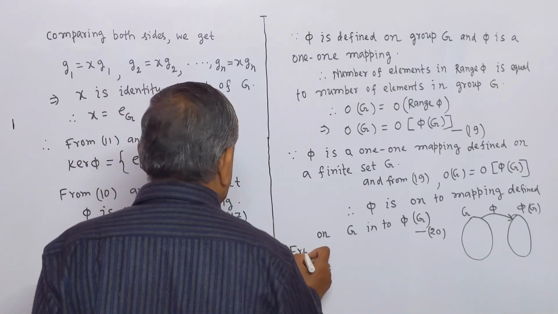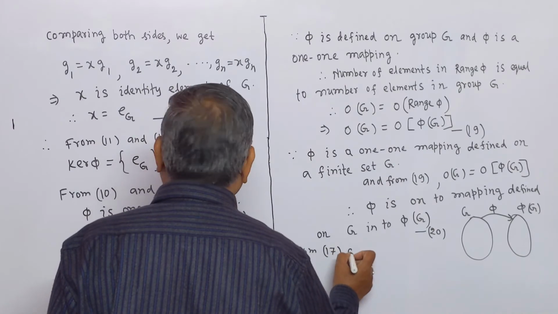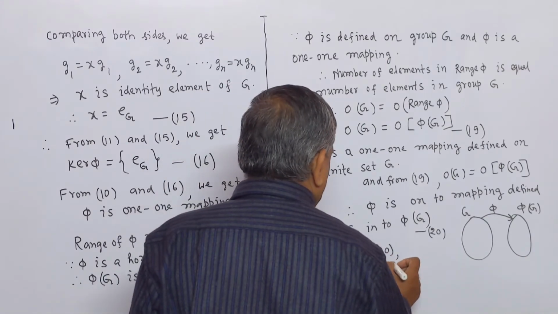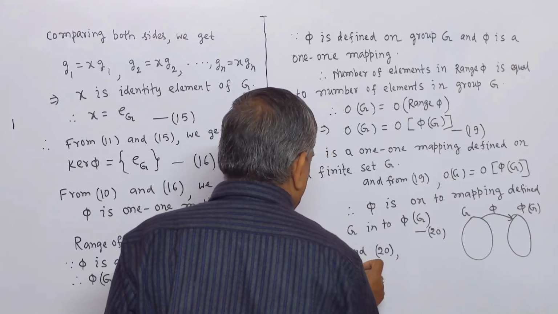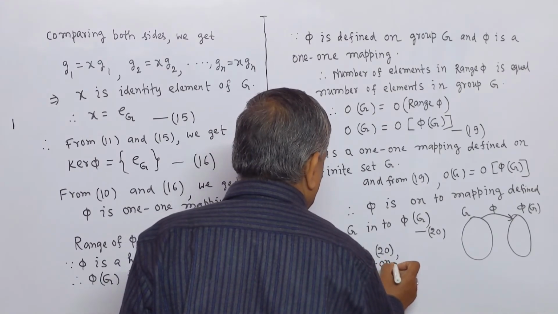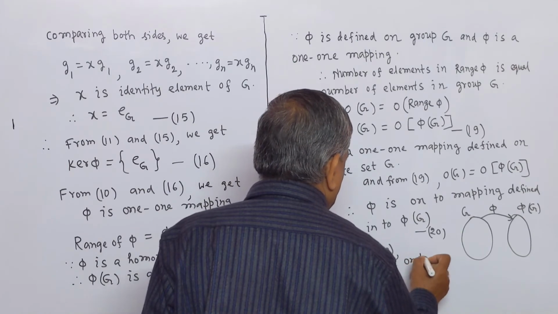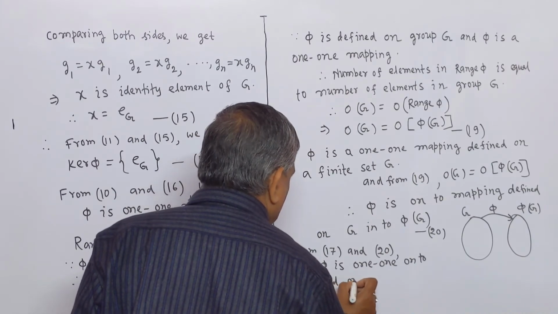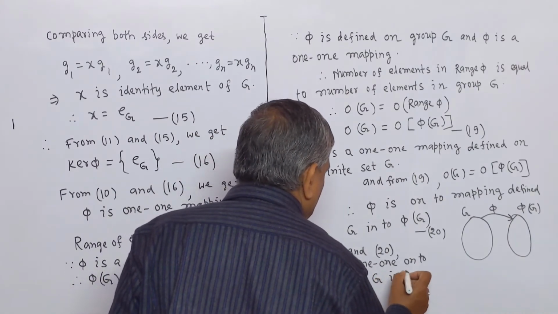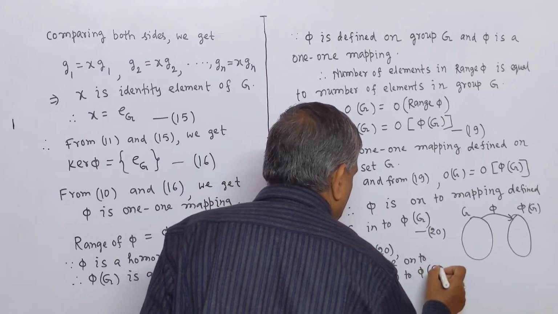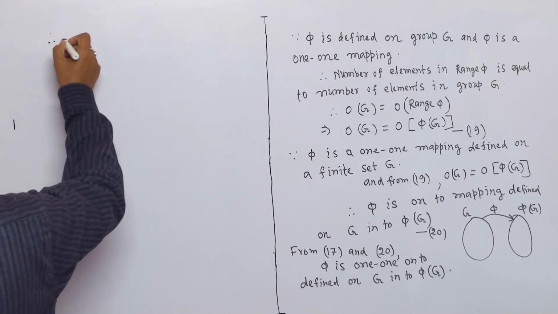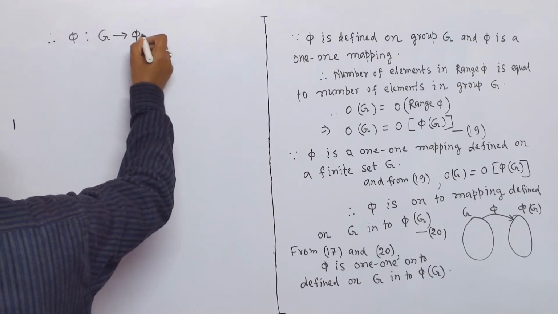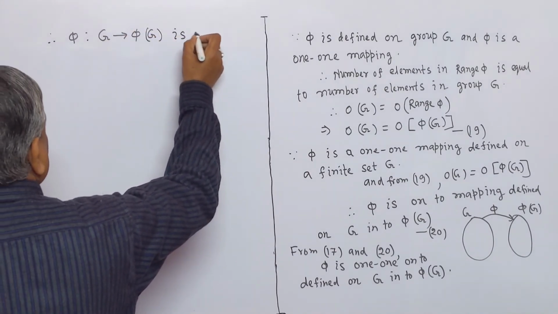From 17 and 20, phi is 1-1 and onto, defined on G into phi G. Therefore, phi from G into phi G is bijective.